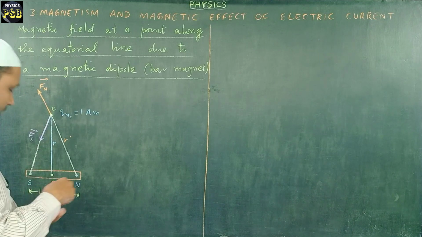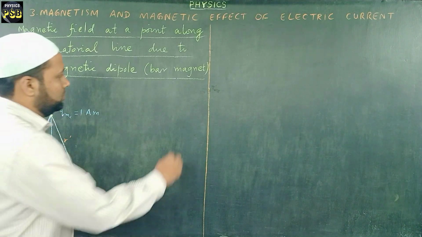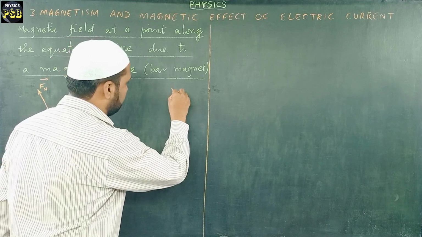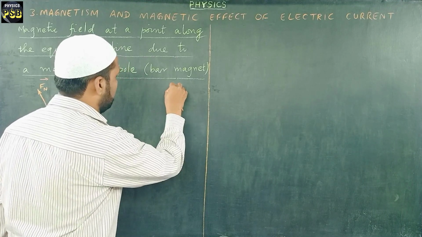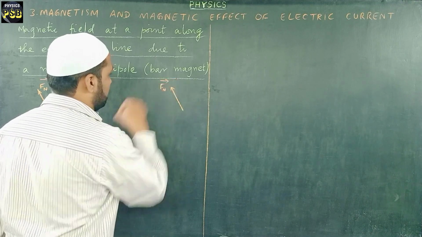Okay, first I take this repulsive force, that is Fn vector.